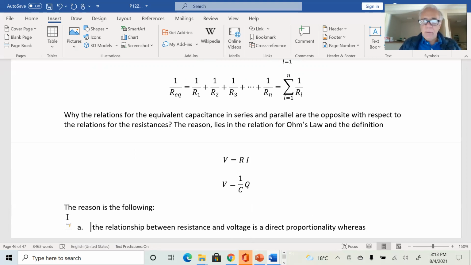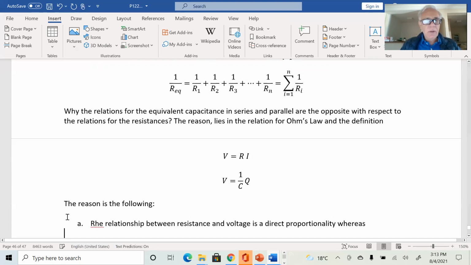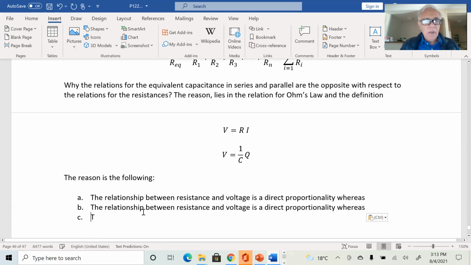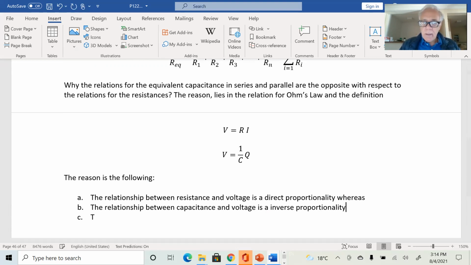A, the relationship between resistance and voltage is a direct proportionality, whereas B, the relationship between capacitance and voltage is an inverse proportionality. That's the reason. That's why you get that inversion there in terms of equivalent capacitance and equivalent resistance.